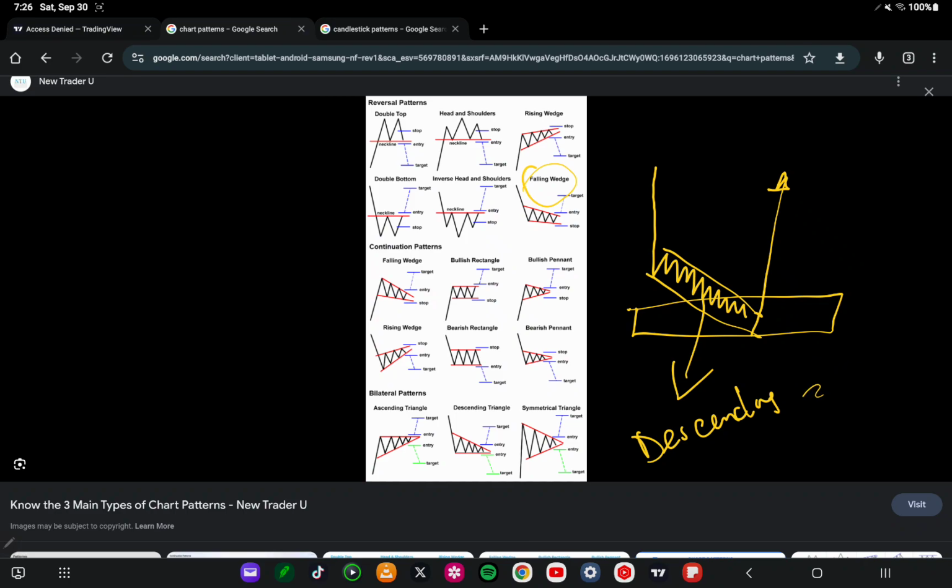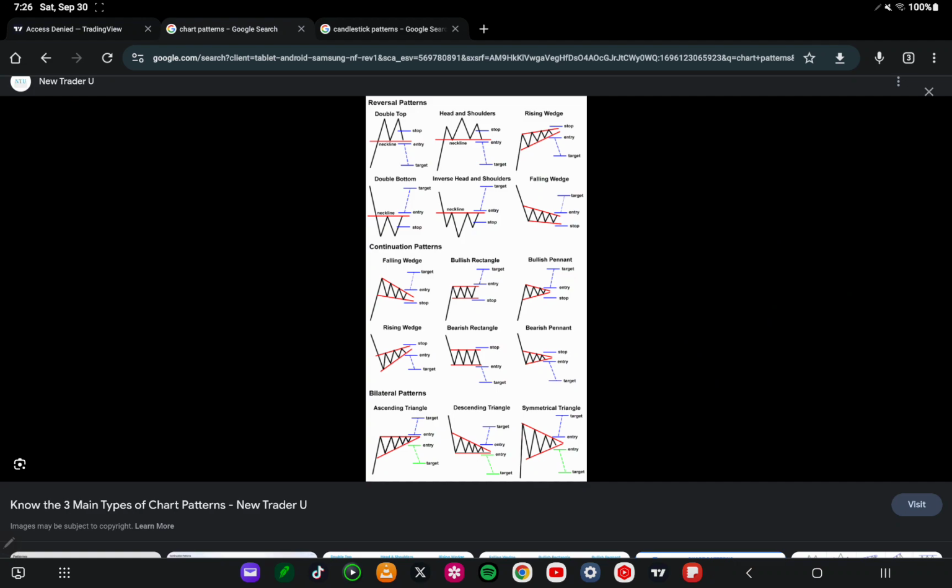Yeah, it's also called a triangle, but a pattern right there. So that is another way it goes, and it can go in multiple ways, but I'm just showing you how you can add more confluences with patterns to your trade to mark up your trade and see, I think this is giving me this or this is giving me that.